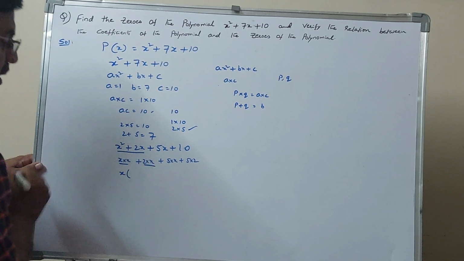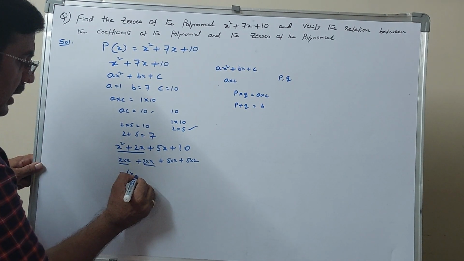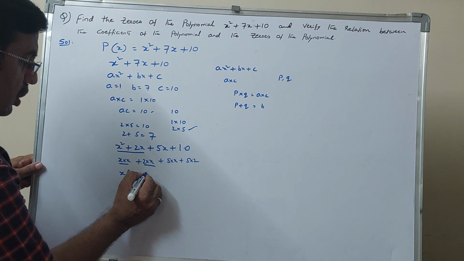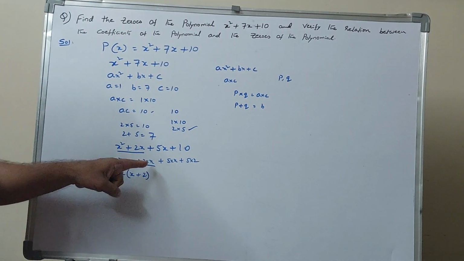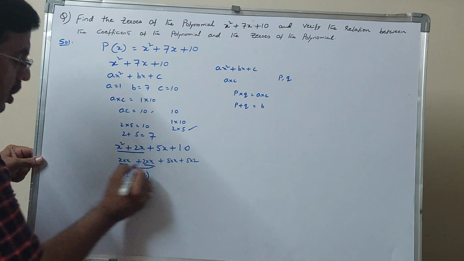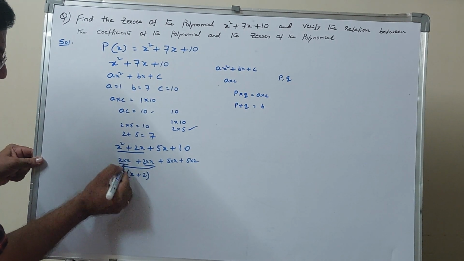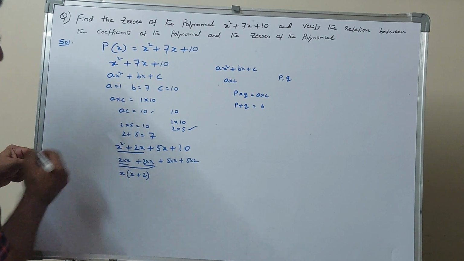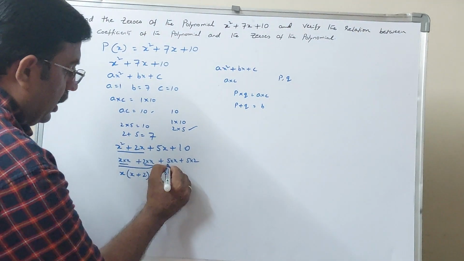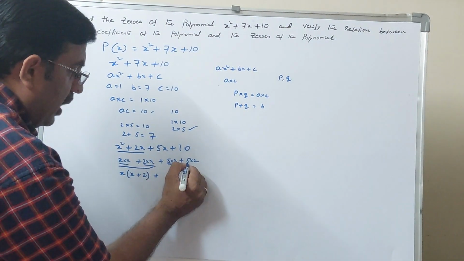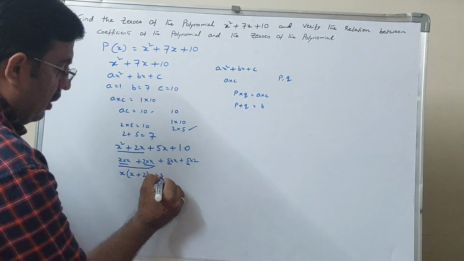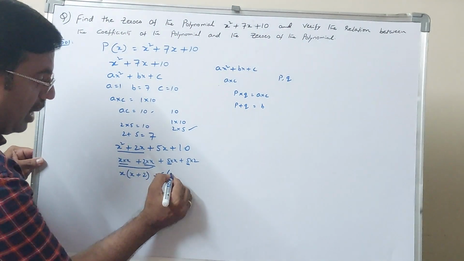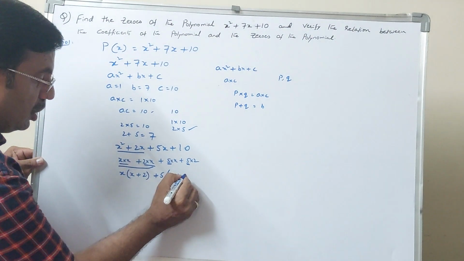So if you take x as common, you are having x plus 2, x is available plus 2x, x is common so 2 is available. In these two, 5 is common. So plus 5, if you take it common, balance is x plus 2.